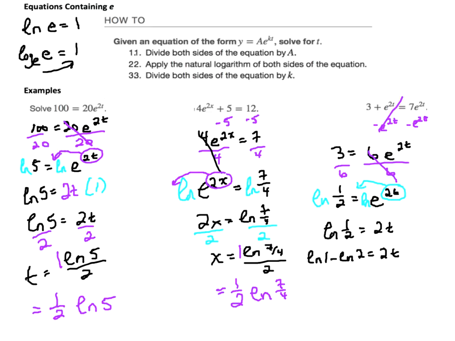Well, the ln of 1 says what can I raise base e to get 1, and that's 0. So this whole thing is just 0. So I have negative ln of 2 equals 2t. Divide both sides by 2, and my final solution is t equals negative 1/2 ln of 2.